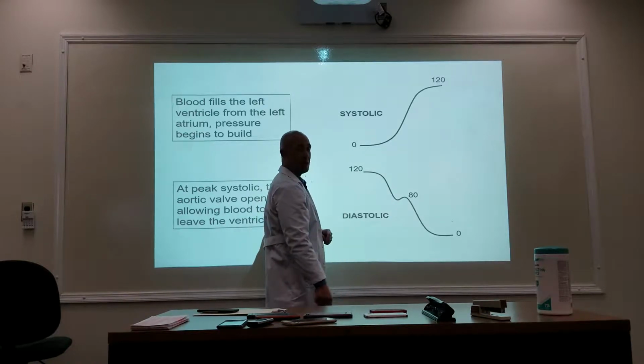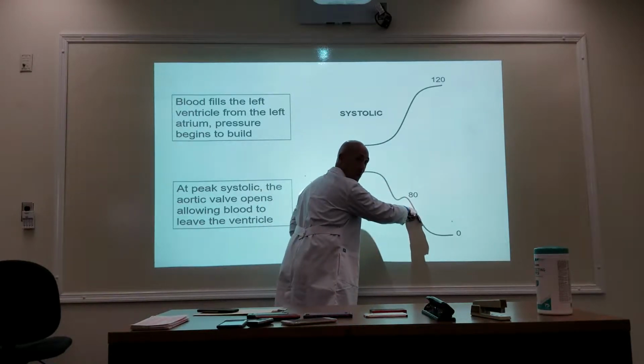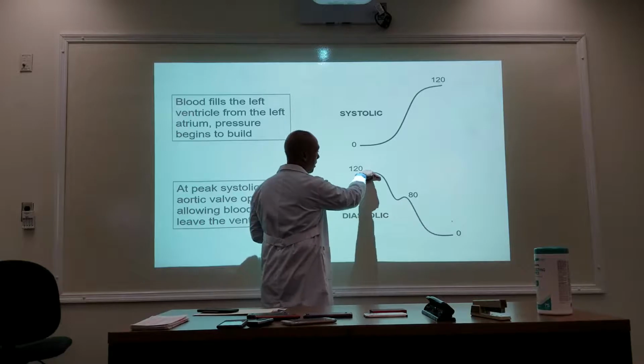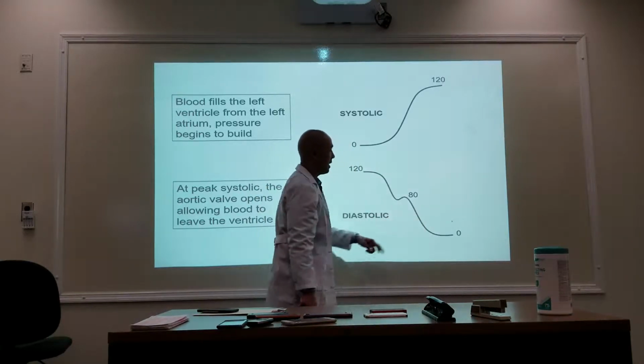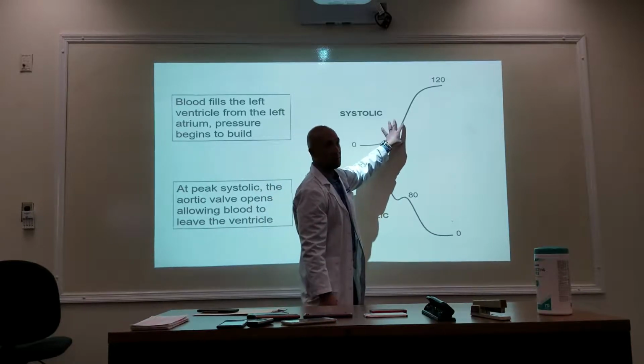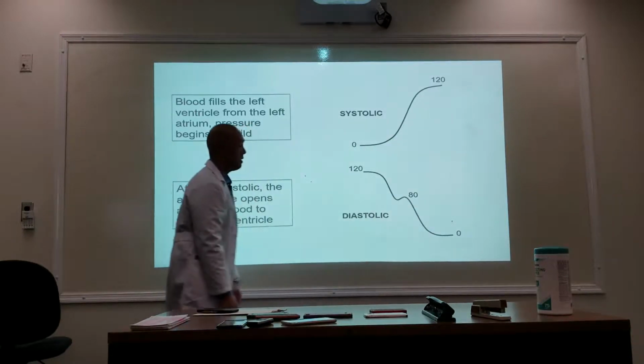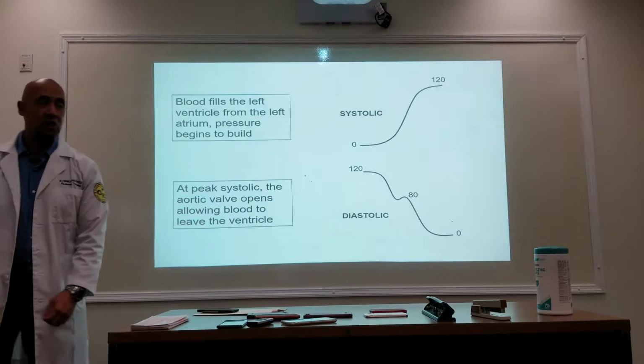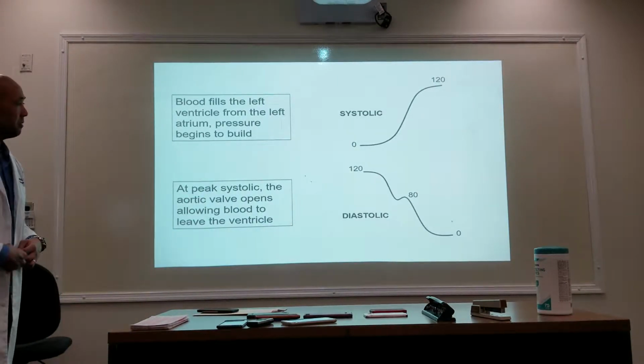This is where you get that lub dub in your heartbeat. It goes from 120 to 80 and then back to 0 as it starts to fill up with blood, and then the pressure rises again. Once it reaches your maximum ventricle pressure, the valves open and allow the blood to flow out.